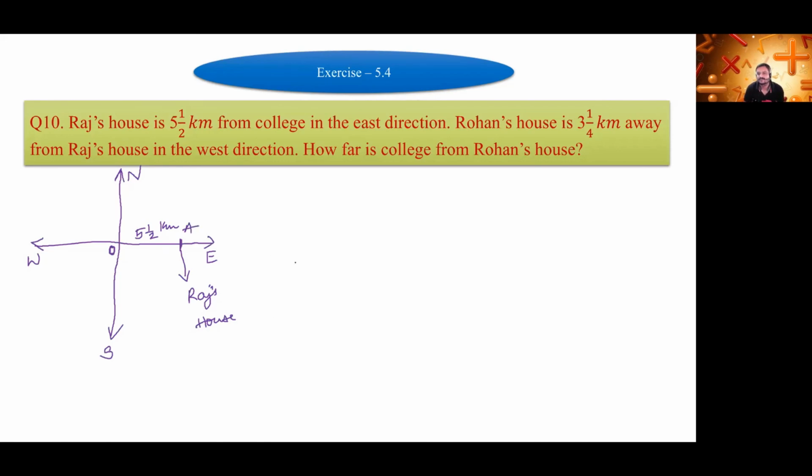Now Rohan's house. Rohan's house is in west direction. From whose house? Raj's house. So this is Raj's house. From Raj's house, the west direction will be this one. And Rohan's house is at what distance from Raj's house? This is 3 1/4 kilometers.